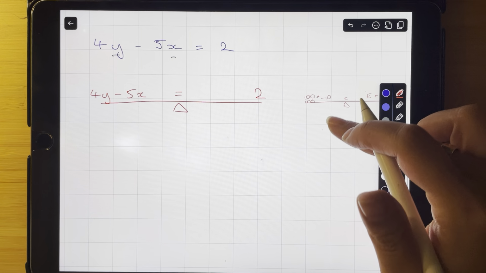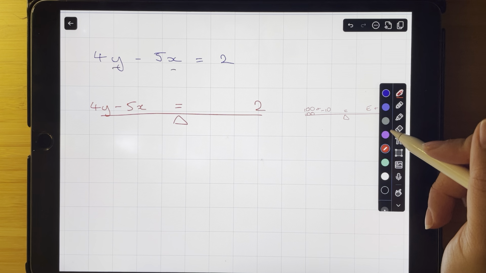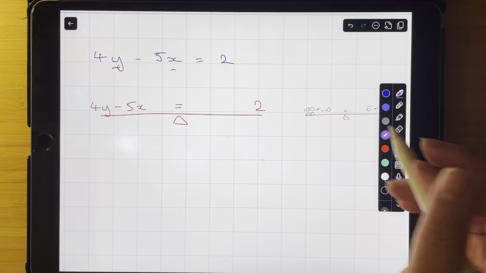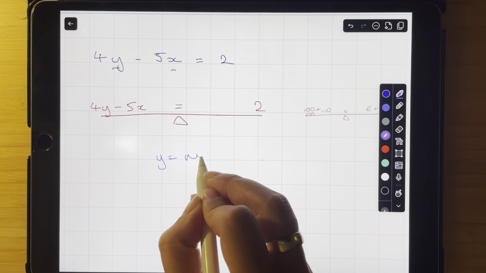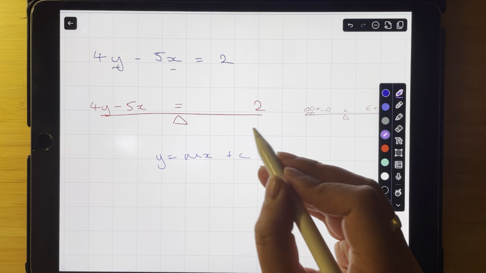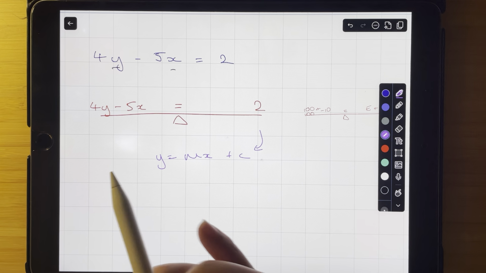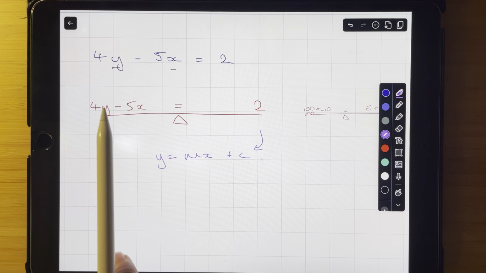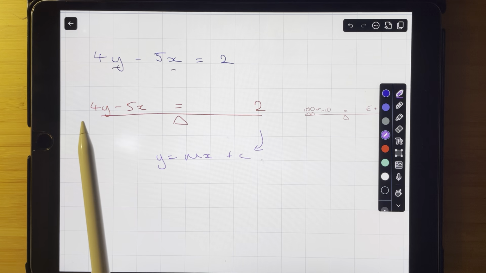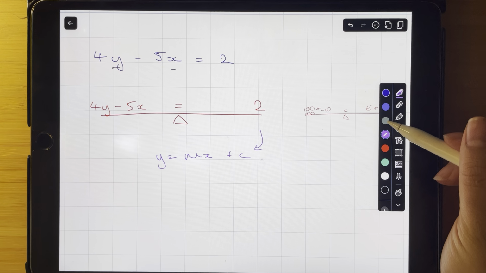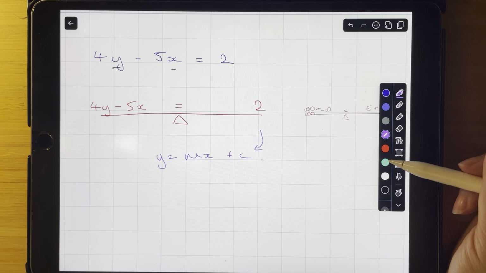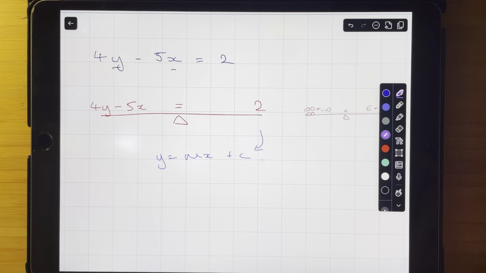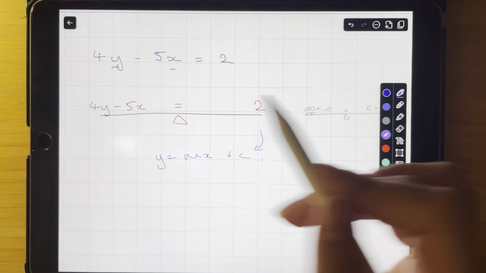So if I want to get to the form y equals mx plus c, then if I look at this, the 4y is good on the left hand side for now, but this 5x is a bit annoying. And as you read it, it's 4y take 5x equals 2. So the 5x part is the last thing that's happened to the y.